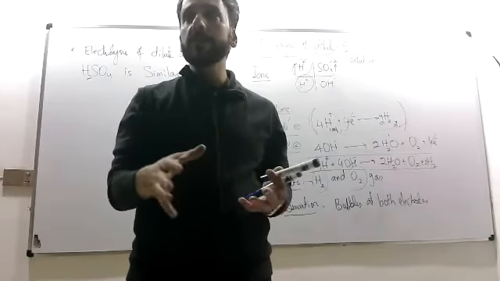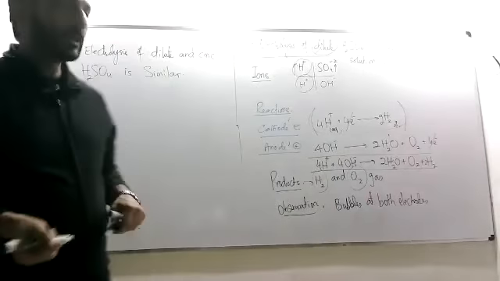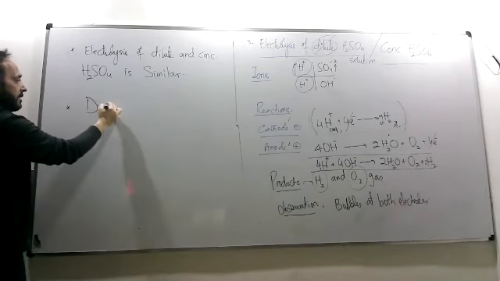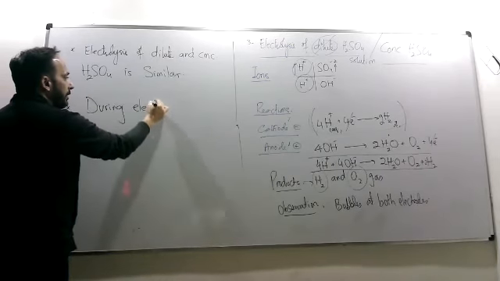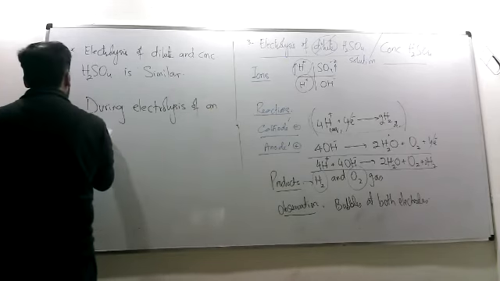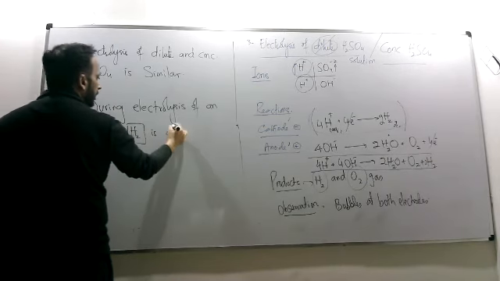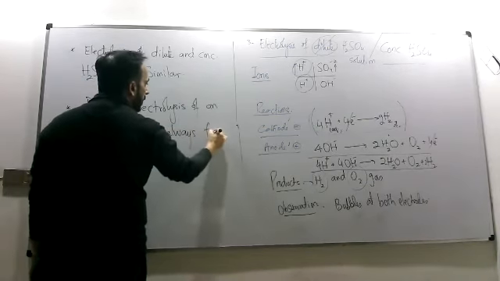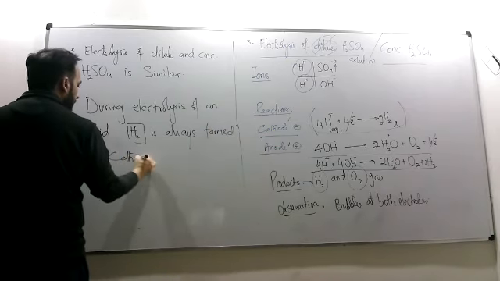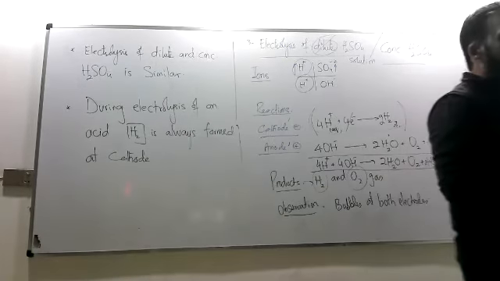And if you know whatever acid is given cathode पे we only get hydrogen gas, so you can actually save time in that question. मैं इसको लिख देता हूँ कि during the electrolysis of an acid, hydrogen gas is always formed at cathode. ठीक है, ये आपने याद रखना है.